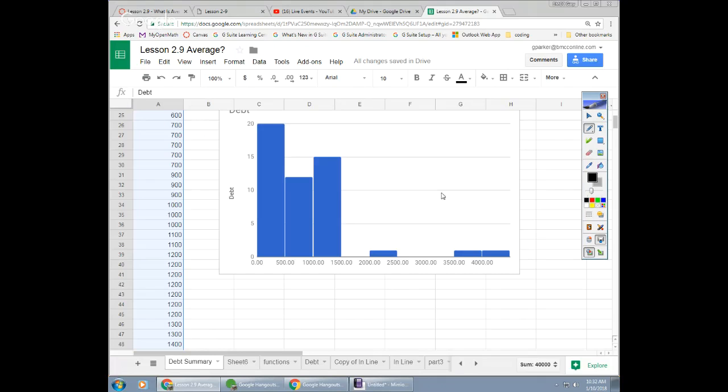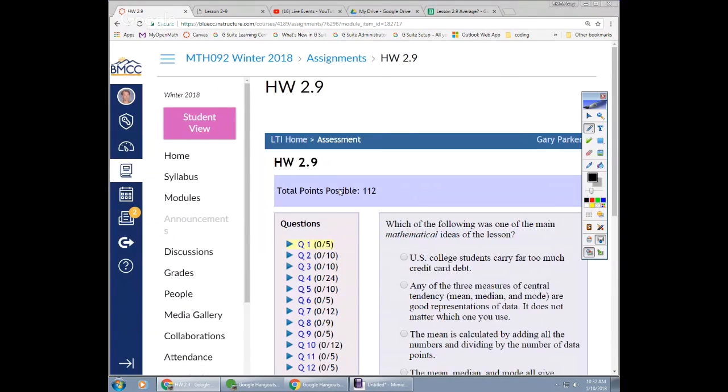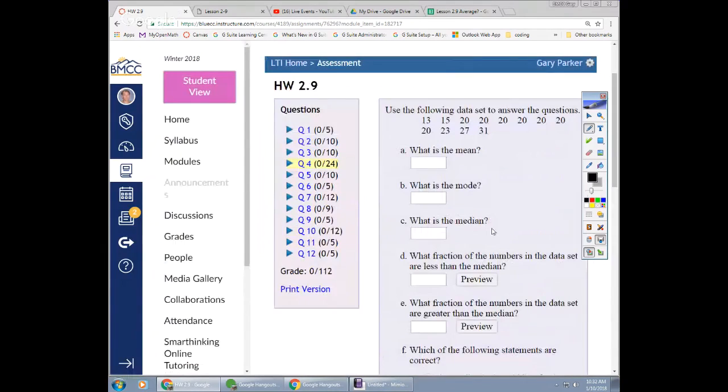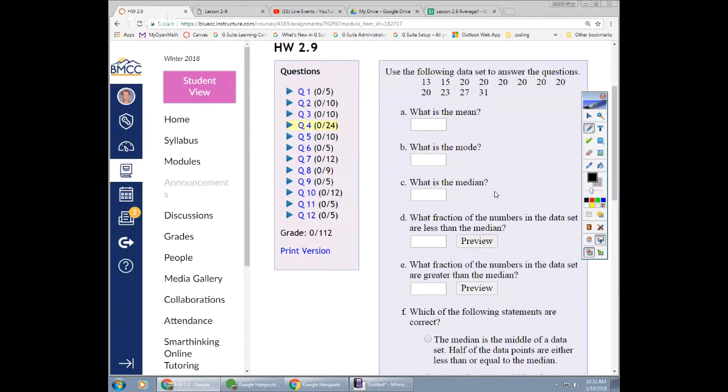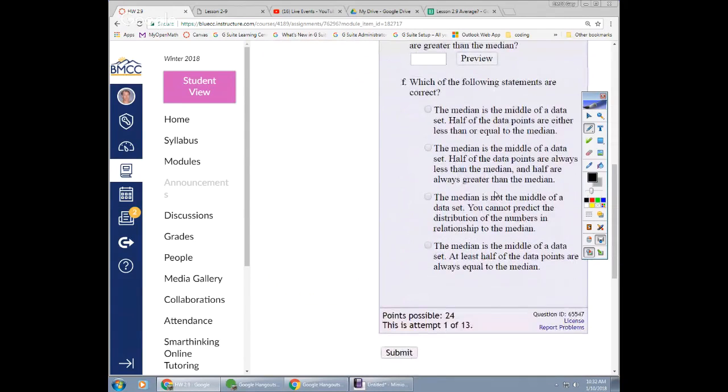Does anybody want to ask a question about a particular problem in the homework? Number 4, F. Okay, yeah, this is a good one. I should get a better view of this. Yeah, there's no good way of figuring this out.